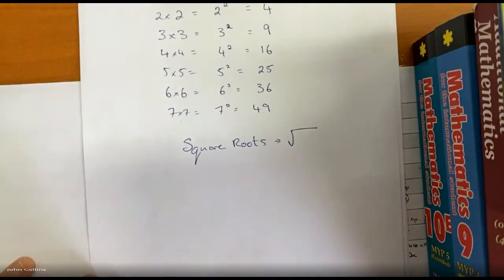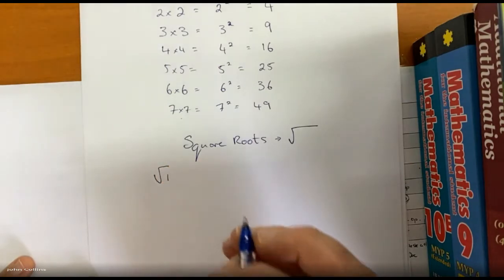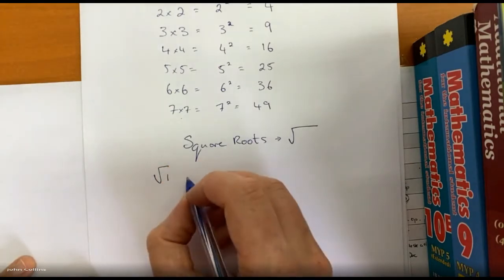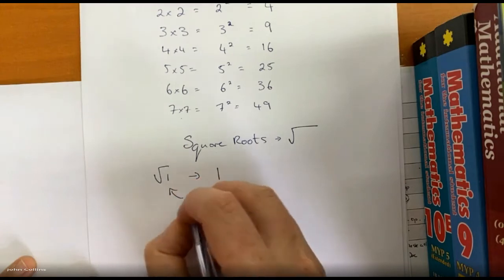So let's look at some examples. The square root of 1 is 1. What number by itself gives 1? That's what this means.